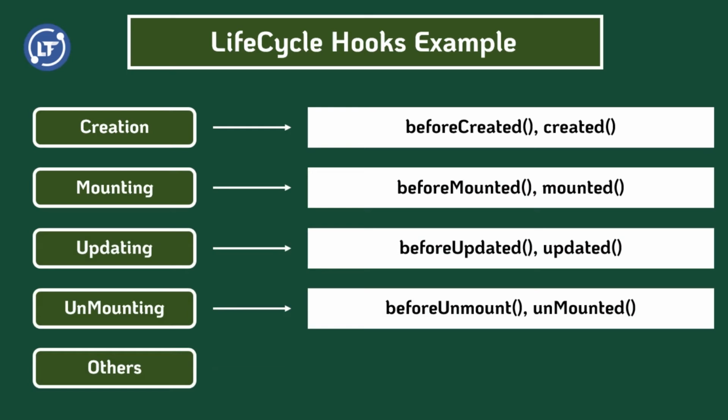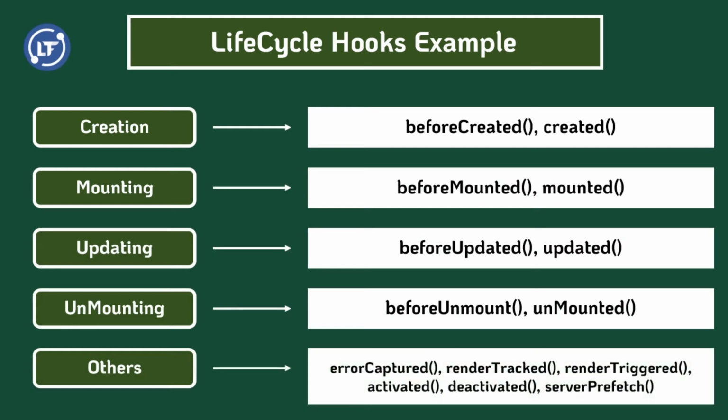And then we have others such as errorCaptured, renderTracked, renderTriggered, activated, deactivated, serverPrefetch. Most of these, such as errorCaptured, you wouldn't make use of much, but the ones you do make use of are maybe created, mounted, updated, beforeUnmount or unmounted.